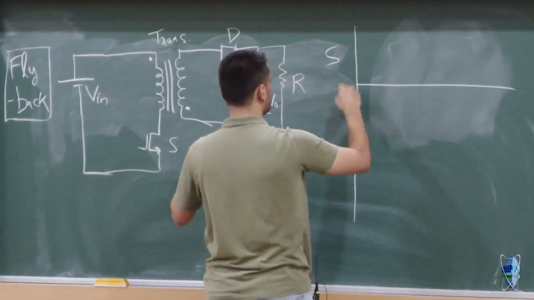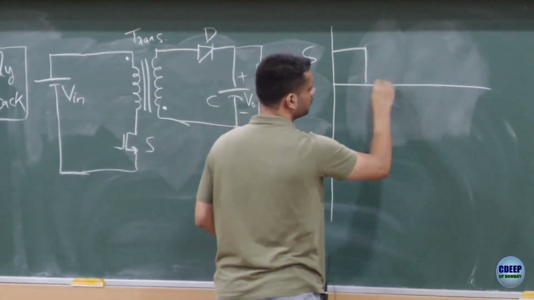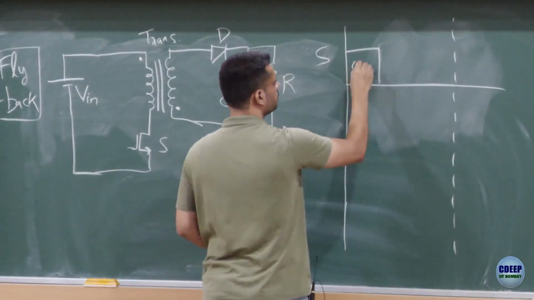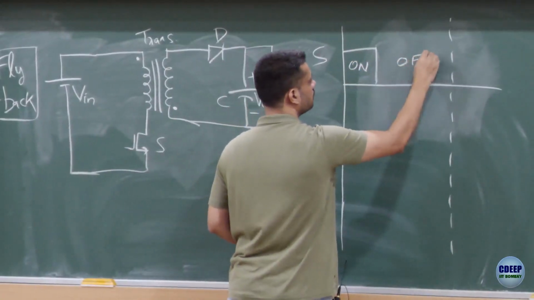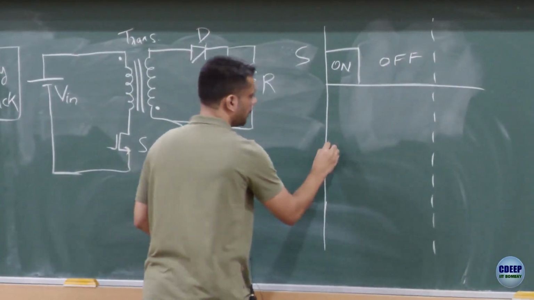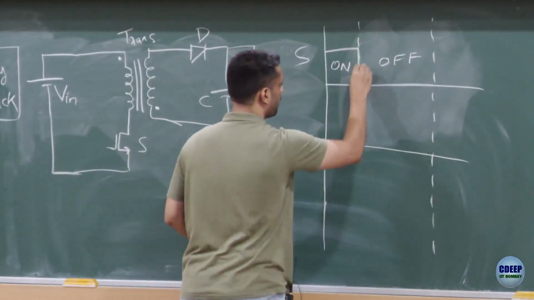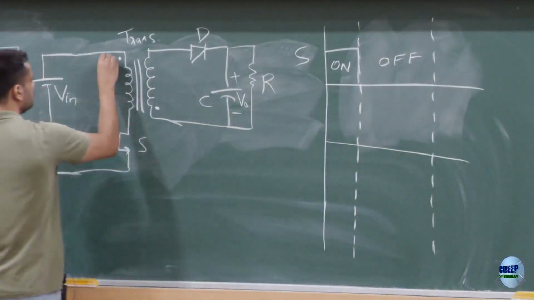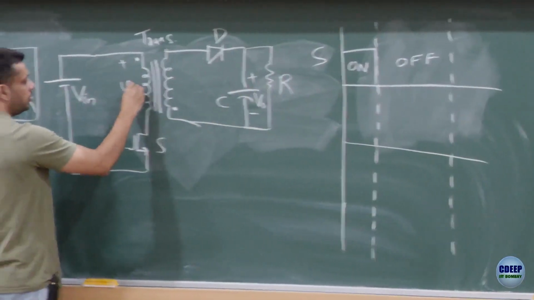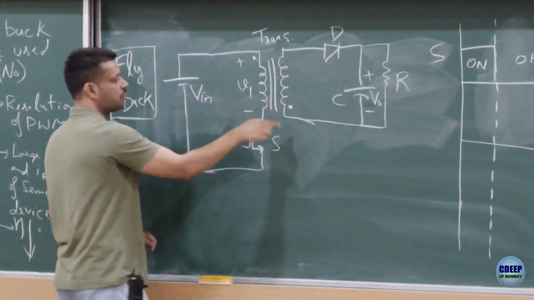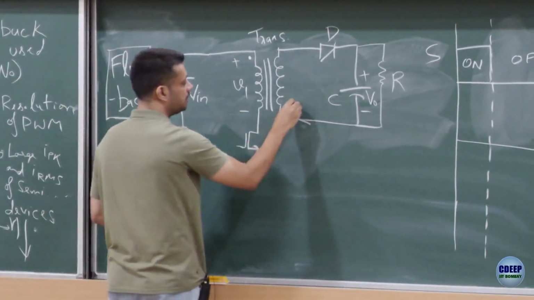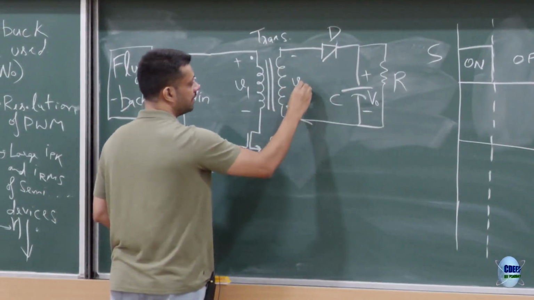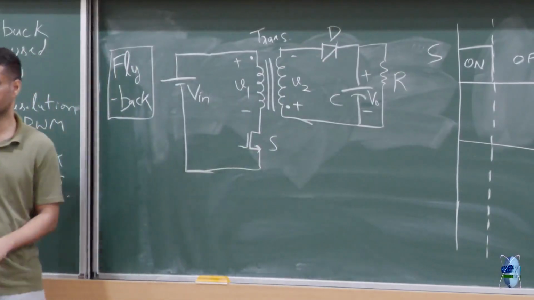Switch S, on, off. Let me call it V1, and now this dot is in this direction, so this would be plus, this would be minus, and the reference, let me call it V2. Is that okay?